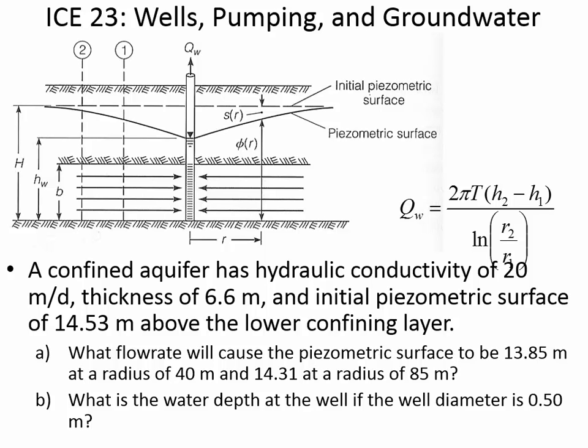So here in the problem statement, in part A, I talk about two different locations: one that is 85 meters from the well and one that is 40 meters from the well. The hint is 1 should always be the one that's closest to the well.